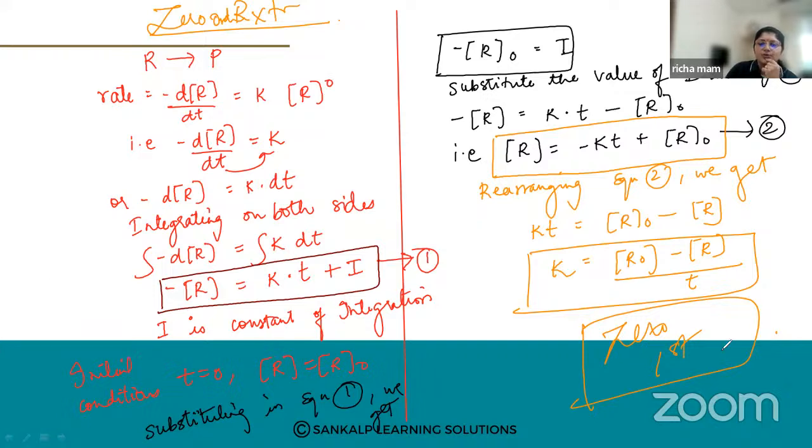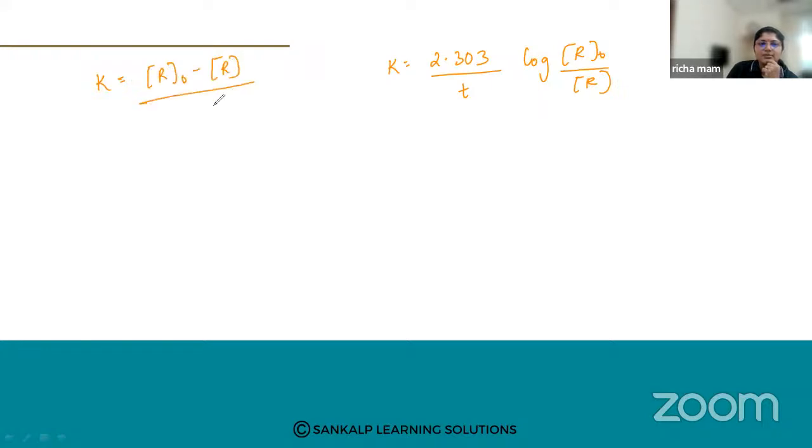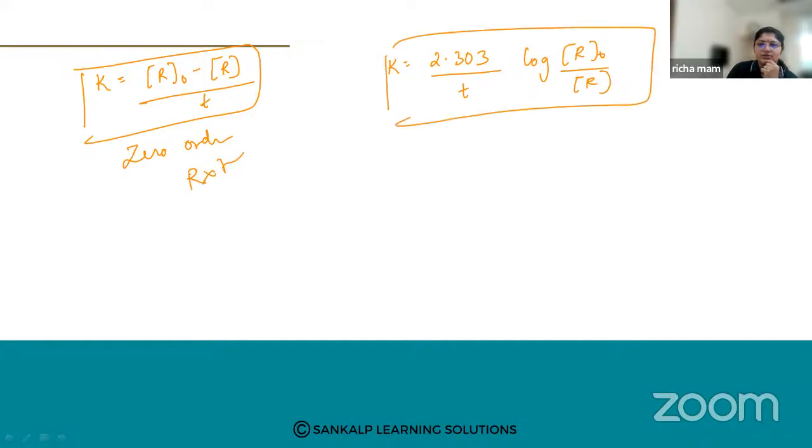For first order reaction, what was the equation we got? k is equal to 2.303 by t log of R naught by R. And for zero order, k is equal to R naught minus R upon t. This is for zero order reaction, and this is for first order reaction.